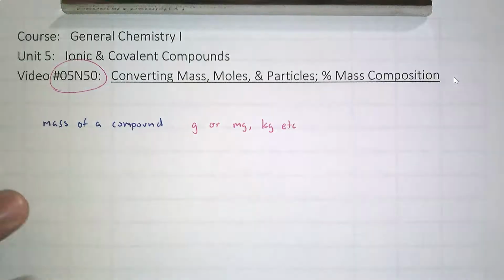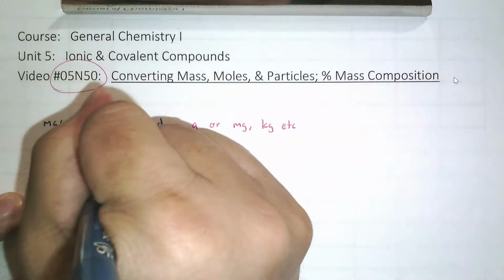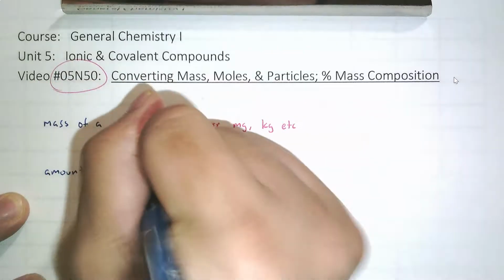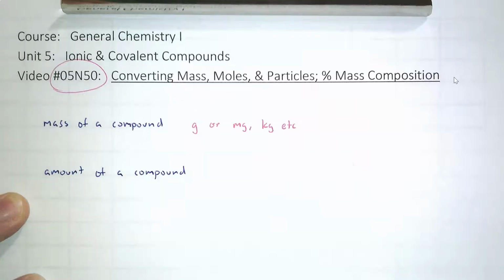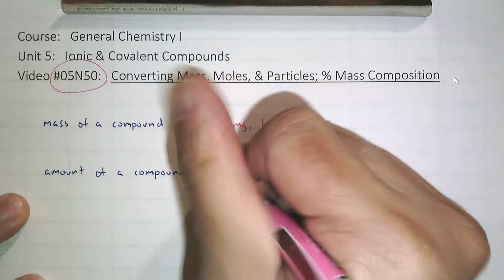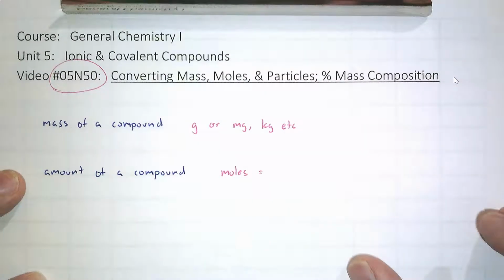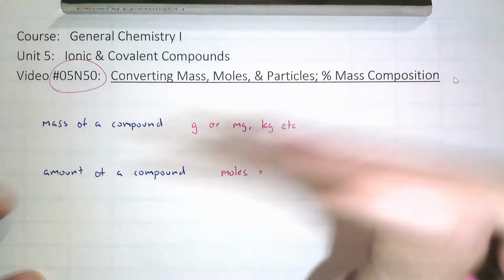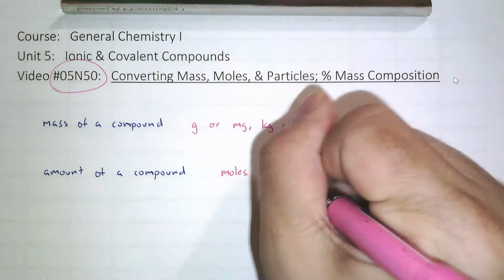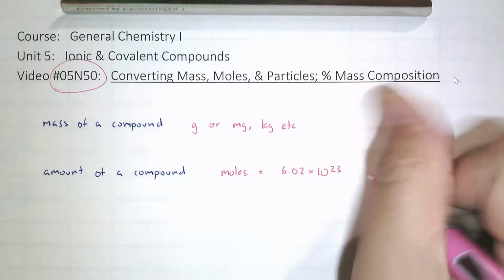But what about an amount? An amount of a compound, a number, could be given in moles. So moles, if you recall Avogadro's number, is 6.02 times 10 to the 23 something.